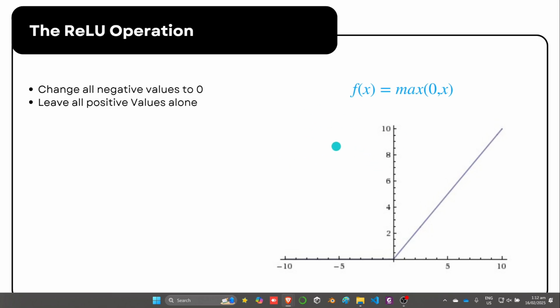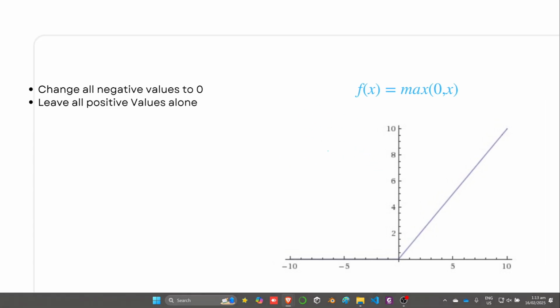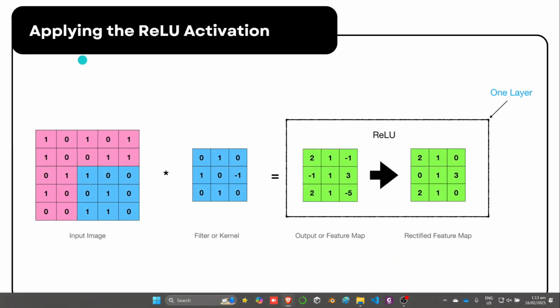That's ReLU in a nutshell. Now let's see how we apply ReLU mathematically, and what it does to our output feature map. This is the output feature map we get by convolving this input image with this filter or kernel.